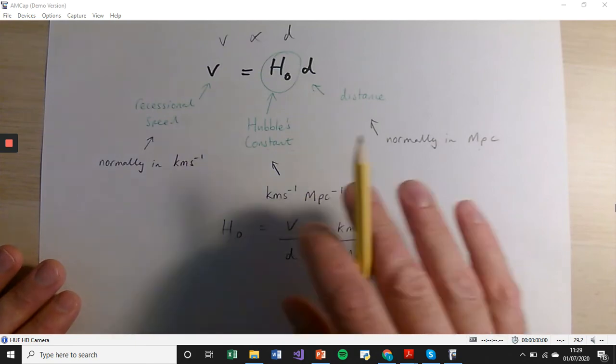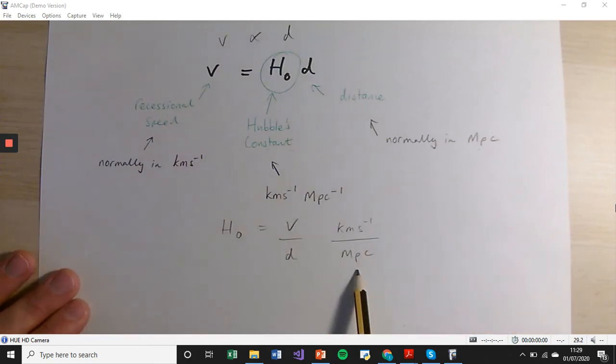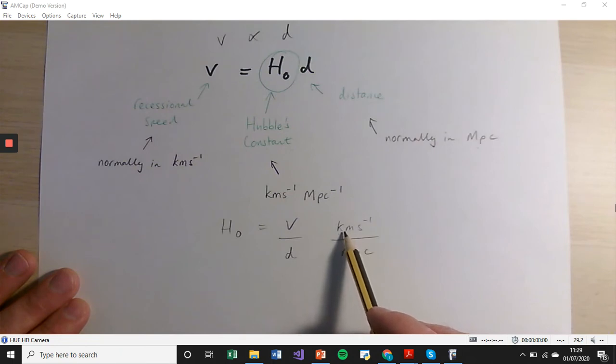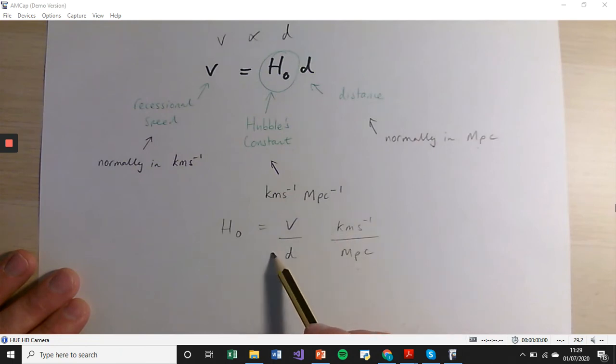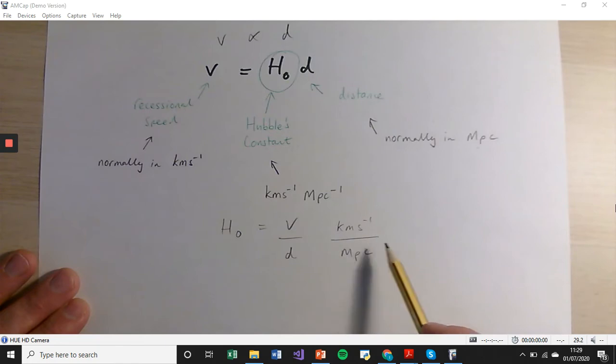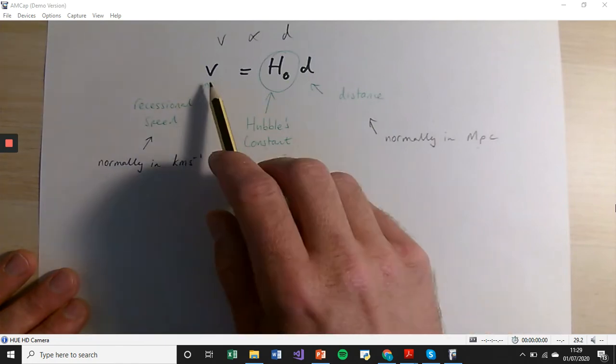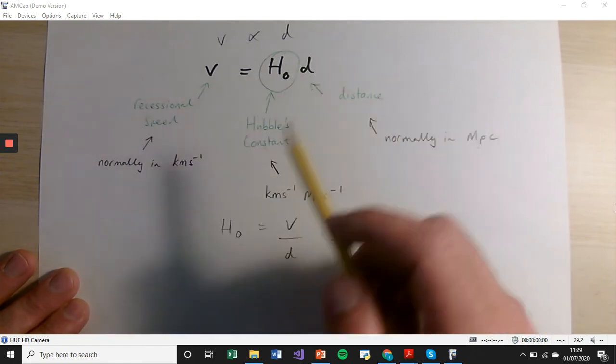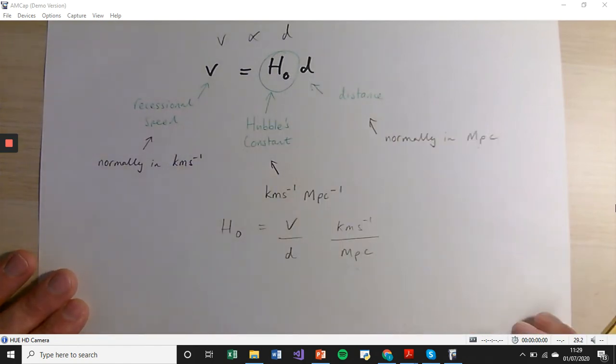And in a little bit, we're going to think about how you would actually convert that into better units. Because megaparsecs and kilometers are both units of distance, we should be able to get the Hubble constant in units which are just s to the minus 1, if recessional speed is in meters per second and distance is in meters. That's what the units of the Hubble constant would be.